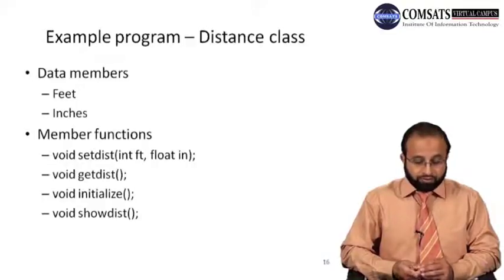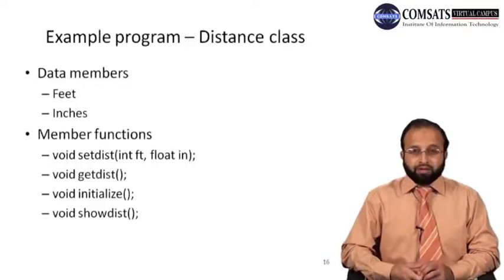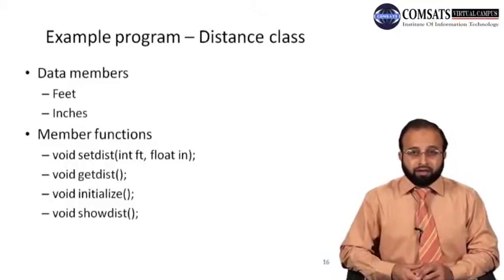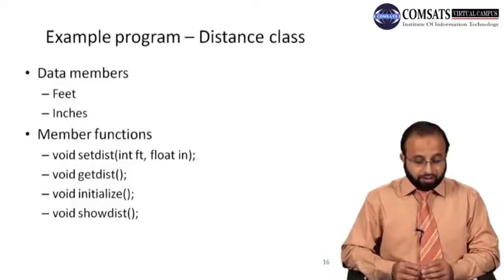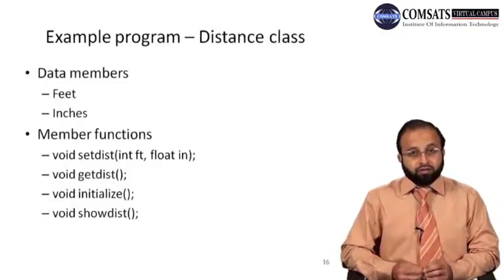So get dest function is basically used to get the information at runtime from the user at execution time. Initialize function will initialize the private data member of that object, and show dest function will show the value of the private data member of the object of distance class, right?